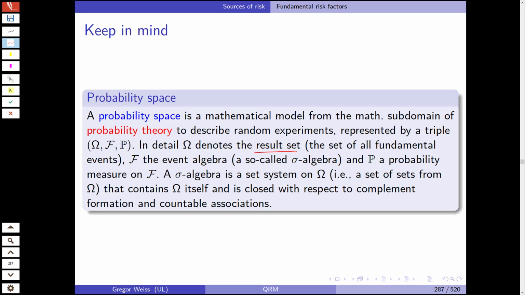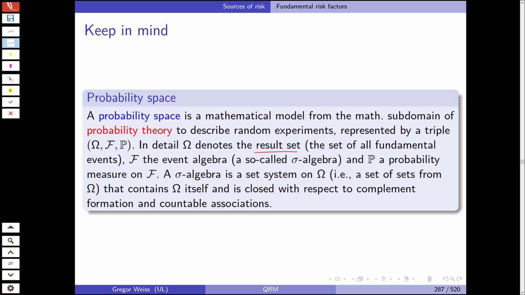In this case of a dice, it's 1, 2, 3, 4, 5, 6, and we then have F, the event algebra, or also called sigma algebra, which is the set of all those events and all subsets of events on which you can define P, a probability measure, and the probability measure P assigns a probability to all those elements of the sigma algebra. So it could be that omega is 1, 2, 3, 4, 5, 6. F is not just 1, 2, 3, 4, 5, 6.